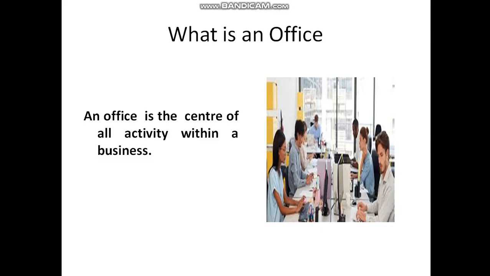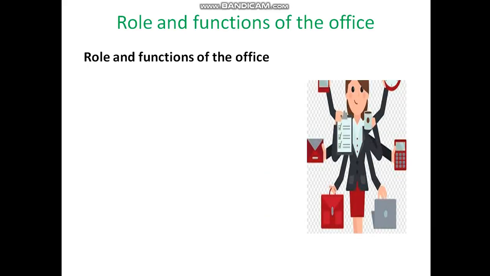So offices are very dynamic, which means they are very different and they're changing. But before we go into that, let's go into the roles and functions of the office.